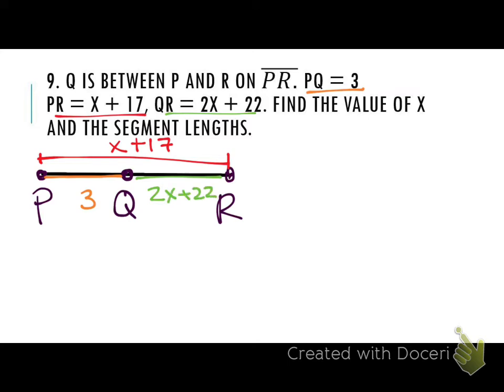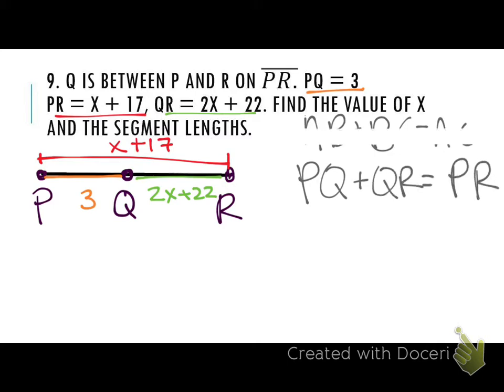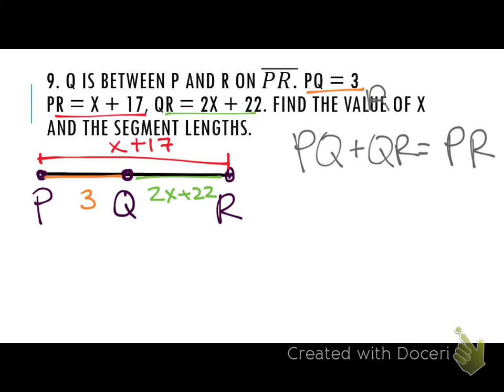All right, so normally we have the letters A, B, and C, right? What do we normally do when there's A, B, and C? AB plus BC equals AC. Correct. We just don't have these exact letters. Instead of AB, what will we write? PQ. And instead of BC, we would have QR. QR, and they equal PR. All right. So what is the length of PQ? We're going to plug them in. 3.